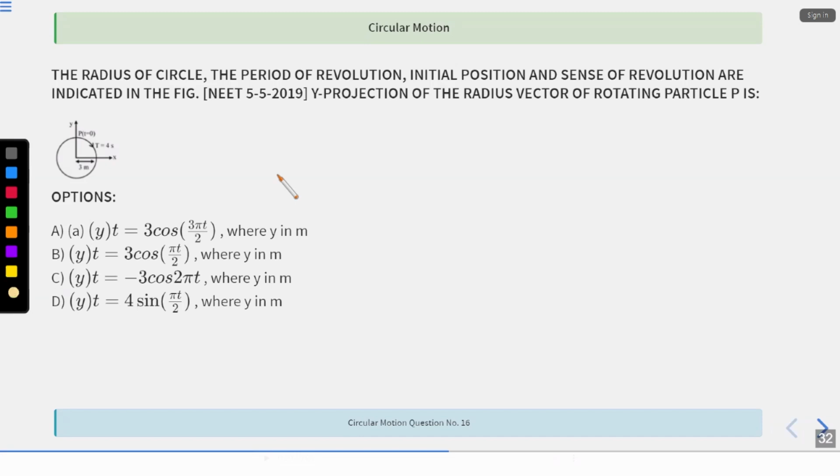So basically here we've been given that radius is equal to 3 meter, and period of revolution is equal to 4 seconds, and initial position was over here. So this was my initial position.